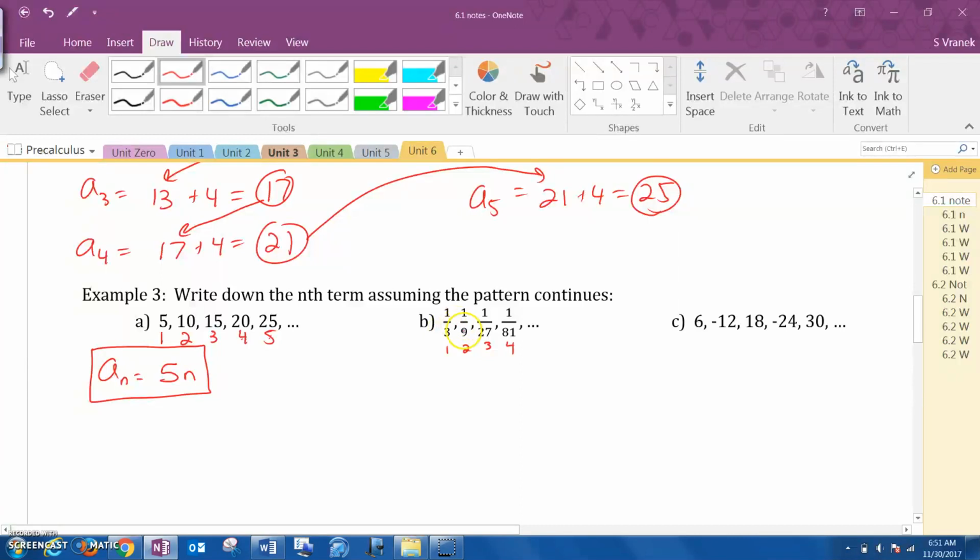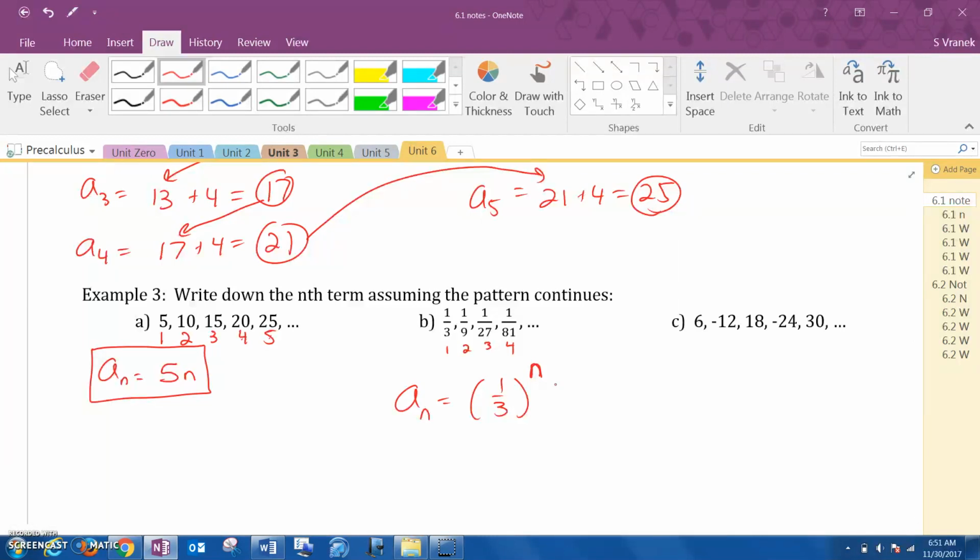So hopefully you see that every time we're multiplying by the fraction 1/3. Well, to write that out as an nth term, we just say it's 1/3 to whatever term we're on as the power. So that when n is 1, we get 1/3. When n is 2, you get 1/9, and so on and so forth. So when you have multiplication, n is usually the power.